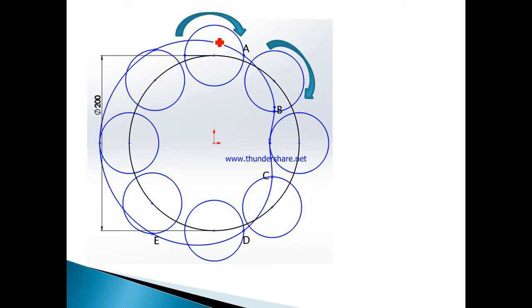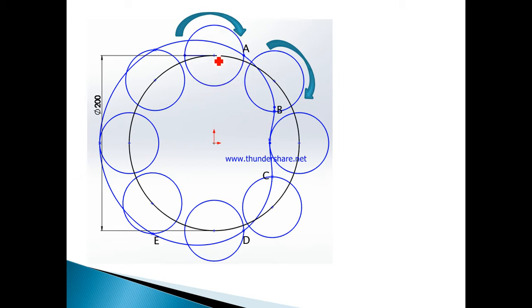So now this black color circle, the big circle. On the circumference of the black color circle, the small blue color circles are moving.